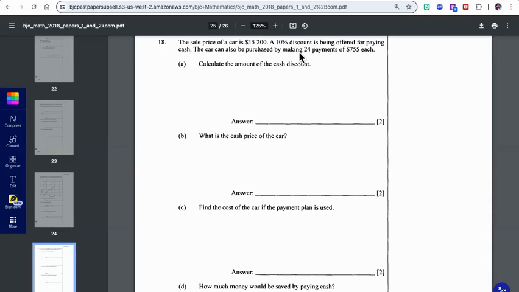If you're dividing by 10, you move the decimal point that's behind the last digit one place to the left. If you're dividing by 100, you move it 2 places to the left. 1,000, 3 places to the left. If you're multiplying, then you would move to the right. So in this case, we are dividing by 10. So you can move the decimal point that's behind the last digit 1 place to the left, and that will give you your 10% discount.